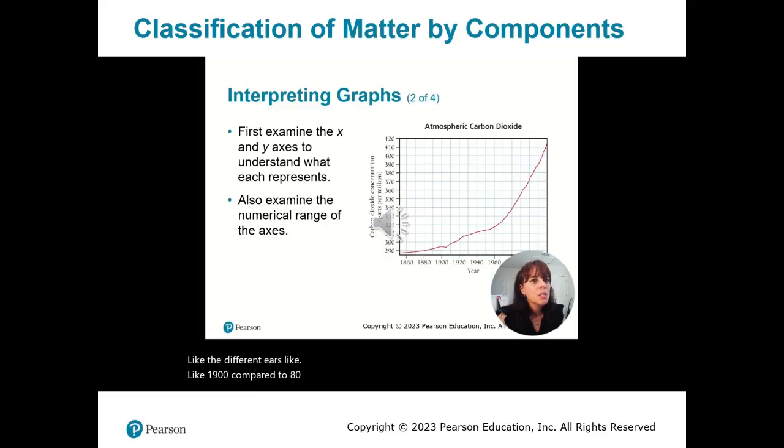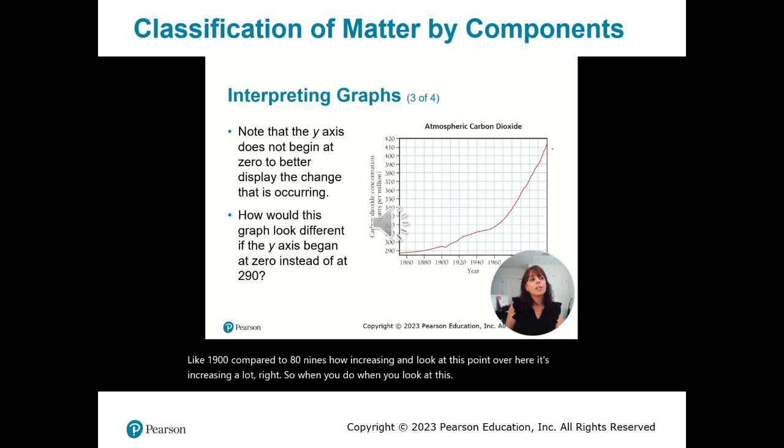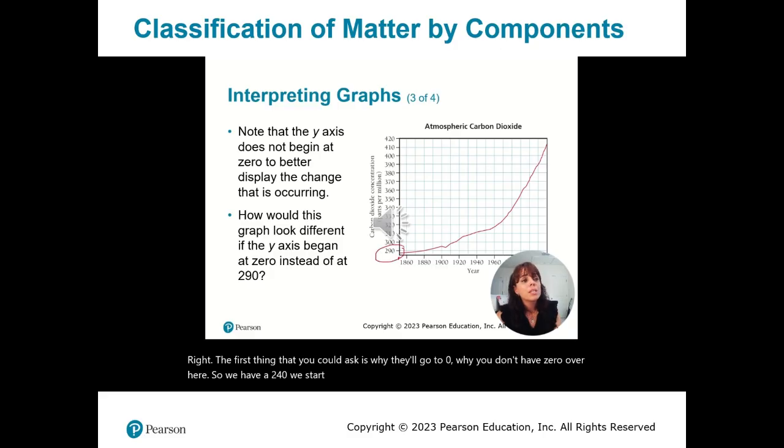And look at this point over here, it's increasing a lot, right? So when you look at this, the first thing that you could ask is why doesn't it go to 0? Why don't you have 0 over here? So we have 240, we start with it because we started here with 209. This is the data we have.